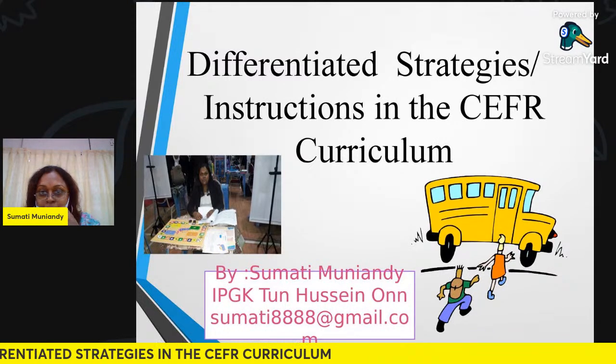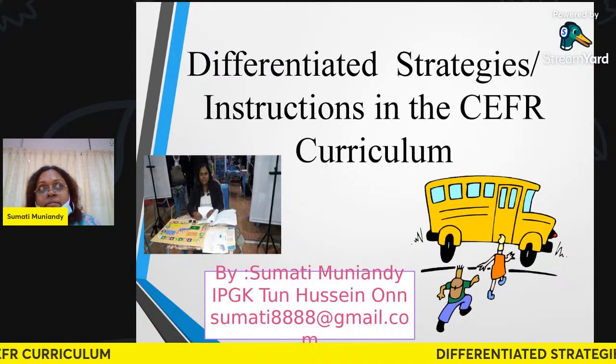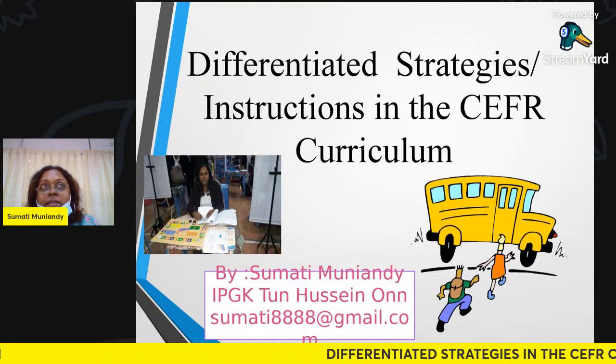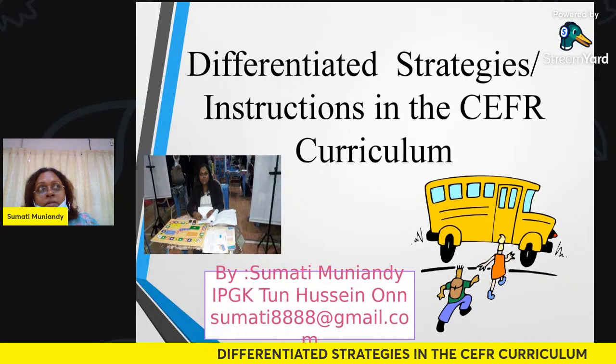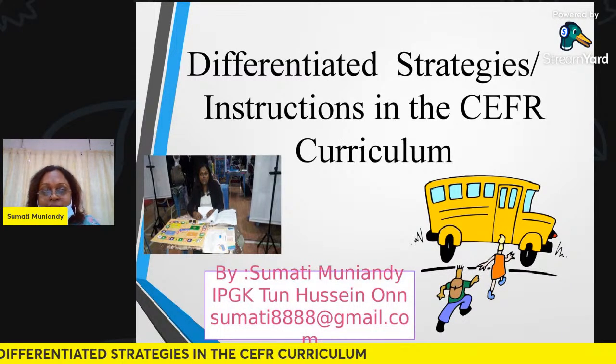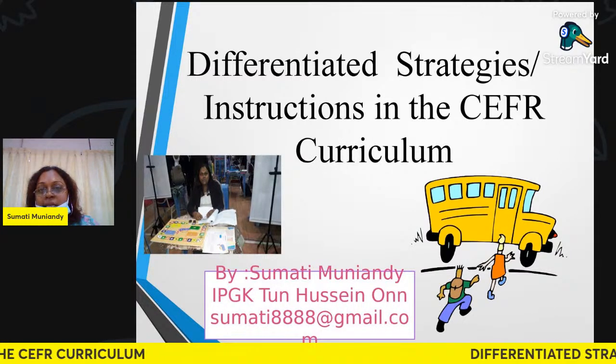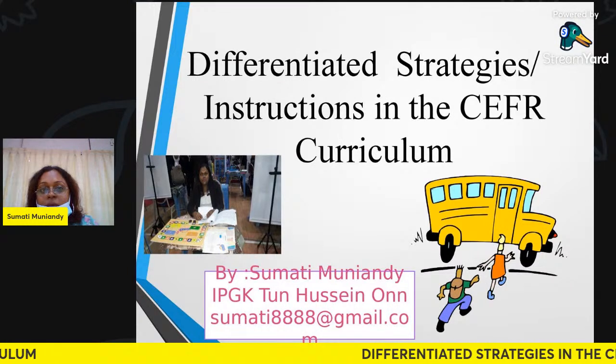When you conduct your lesson, we identify the things that you ask them to do in your lesson. So we judge them, we evaluate them, we assess them based on their can-do statements.